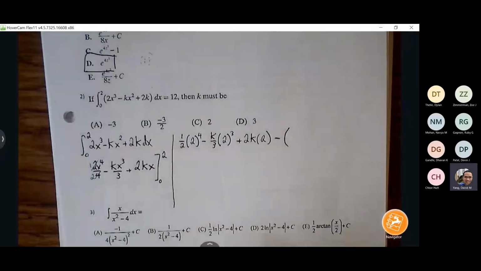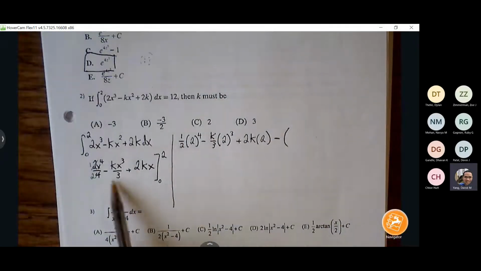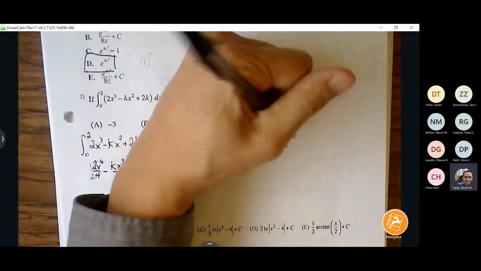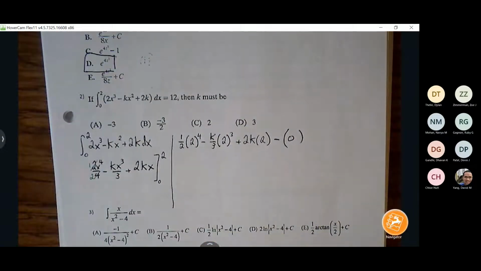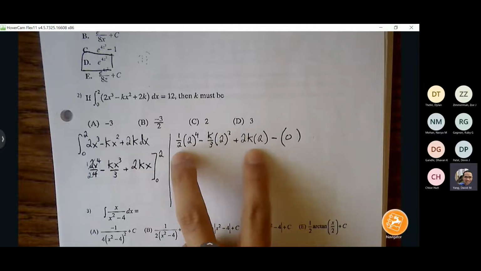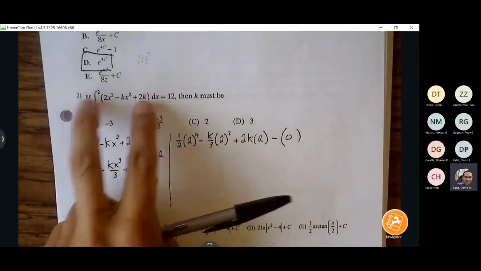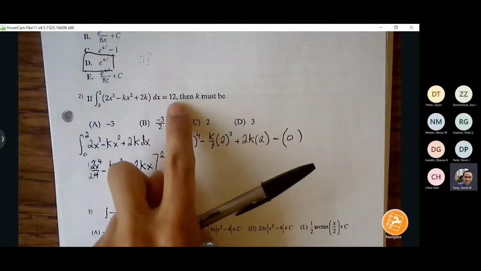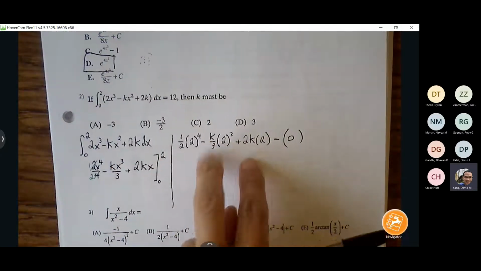Minus, okay, now we're ready for lower bound, 0 in for all the x's, but we see that 0 is just going to wipe everything out in this case. Right, let's clean this up. We know that all this is a result of the left side of this equation. And we can set this equal to 12, and that will allow us to work and solve for k here.